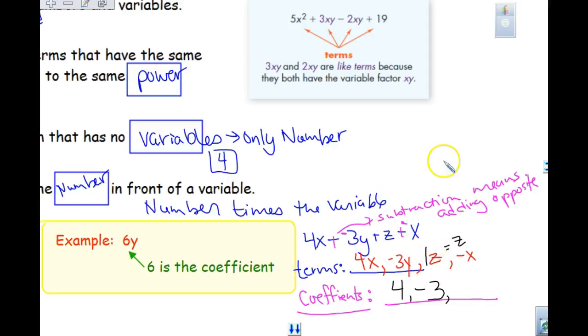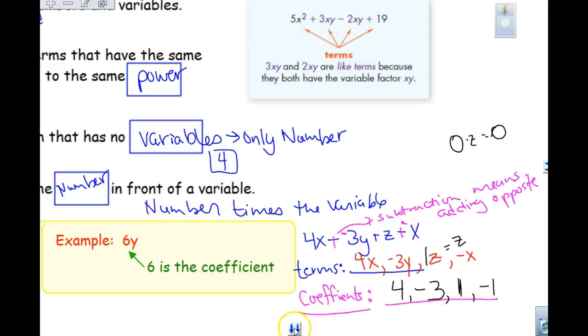The reason it's not 0 is that 0 times z is 0. So that's why it's not nothing. So I have a 1 here, and then my last one would be, careful, negative 1.